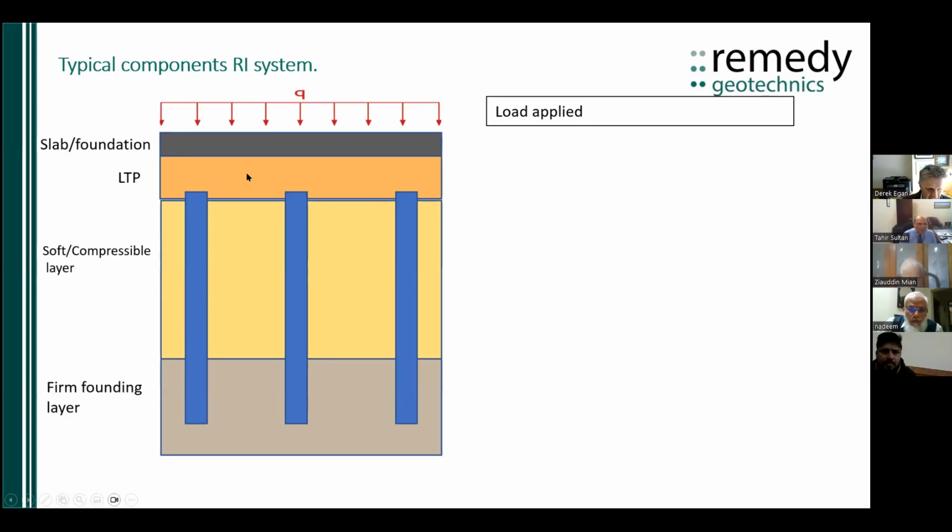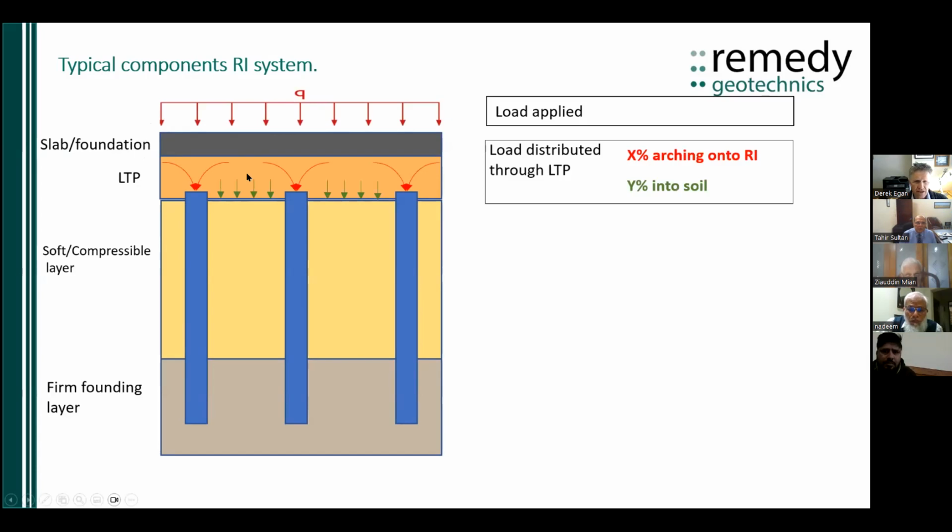We have then this load transfer platform, LTP, which is usually a well-compacted granular layer that's put above the natural soil. And we get an arching effect set up within that load transfer layer so that some of the load goes into the column and some of the load goes onto the soil.